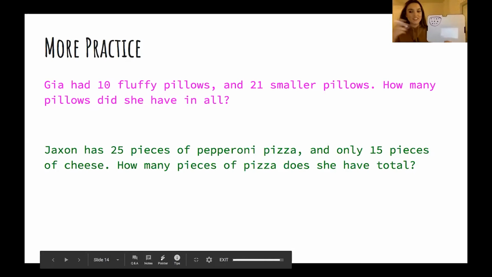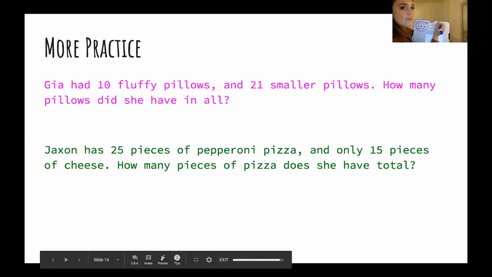So that's awesome. Now let's get out our blue marker and we will do the same for the 21 smaller pillows. Okay. We have 1, 2, 3, 4, 5, 6, 7, 8, 9, 10.